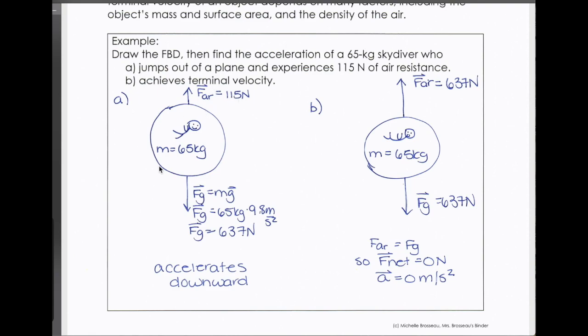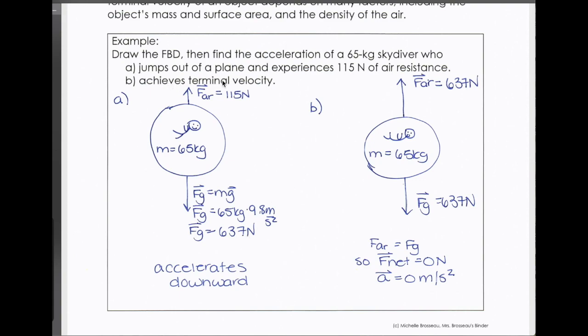Okay, and then they're experiencing gravity in the downward direction. So the force of gravity equals mass times gravity. The mass was 65. Gravity here on Earth is 9.8. So the gravitational force that this person is experiencing is 637 newtons.